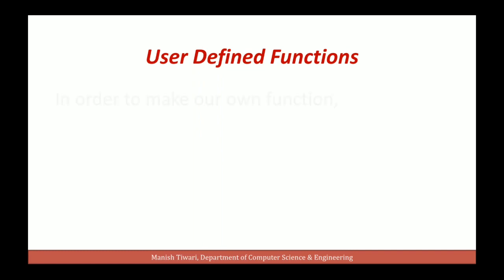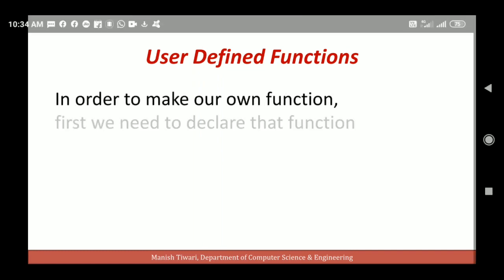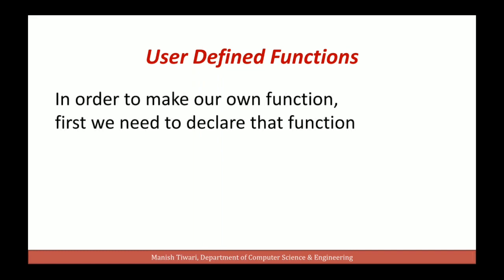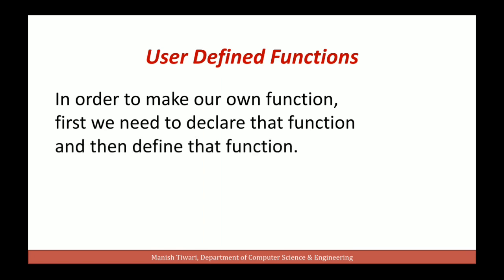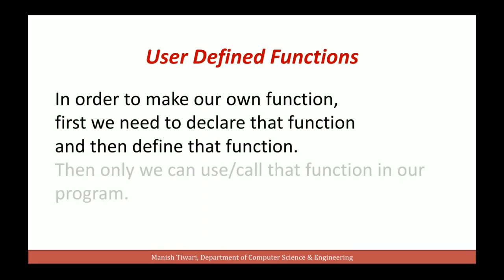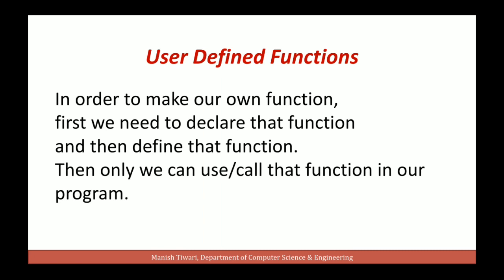In order to make our own function, first we need to declare that function. The same way we declare a variable, we will declare our function also, and after declaring we need to define that also. Since the definitions of user defined functions are not available, we need to define the function also, then only we can use that function in our program.